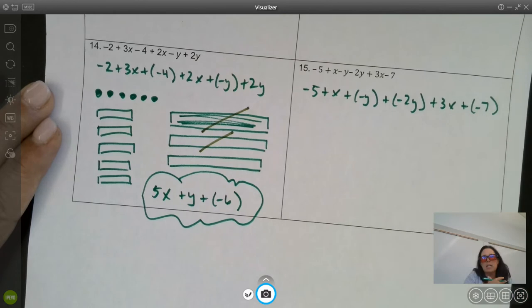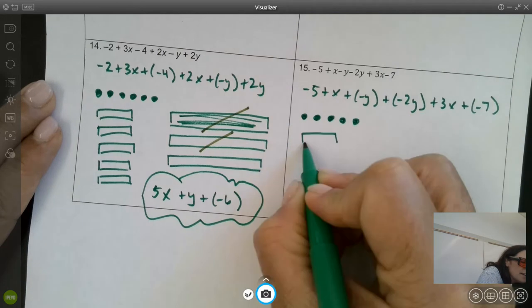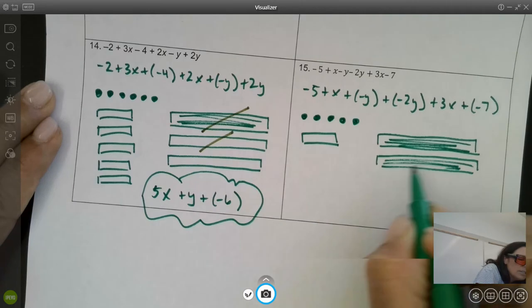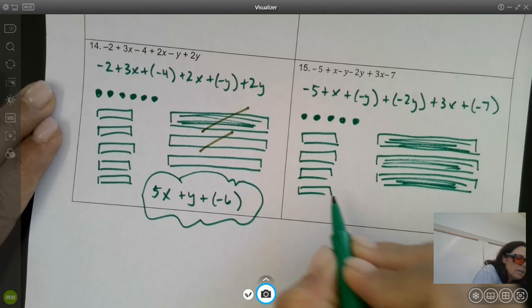Now I'm in all additions, and remember, addition with chips, you just keep putting it in. So I've got 5 negatives, an x, a negative y, a negative 2y, 3 more x's, and then 7 more negatives.